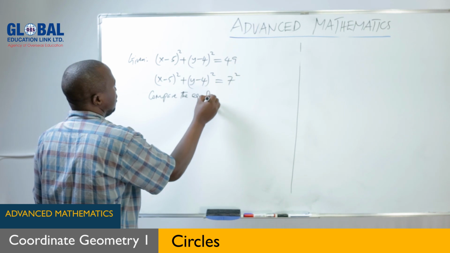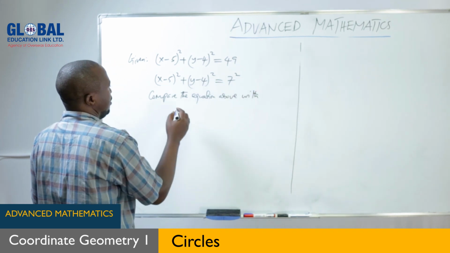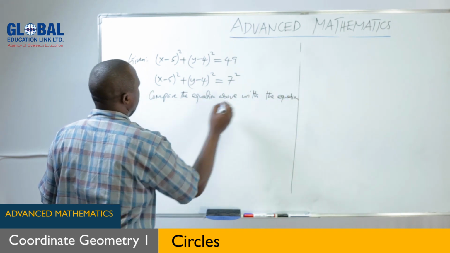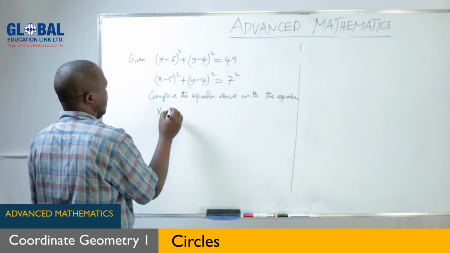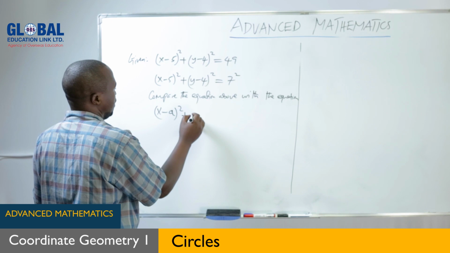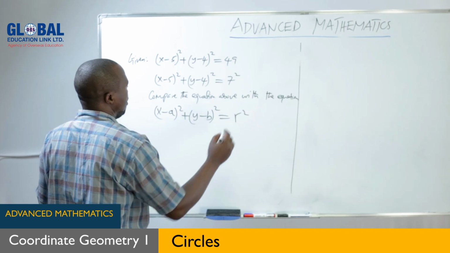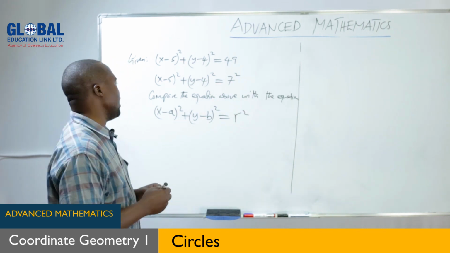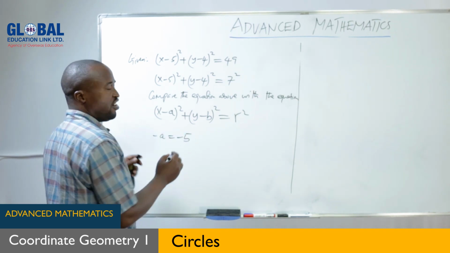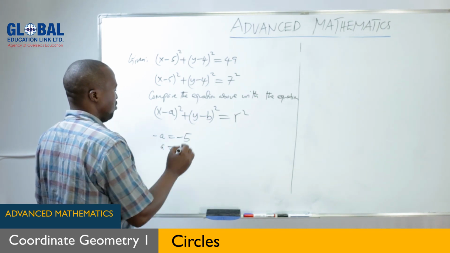Then we can compare this equation with the general equation, (x minus a) squared plus (y minus b) squared is equal to r squared. In this case, negative a is equal to negative 5, so a is equal to 5.